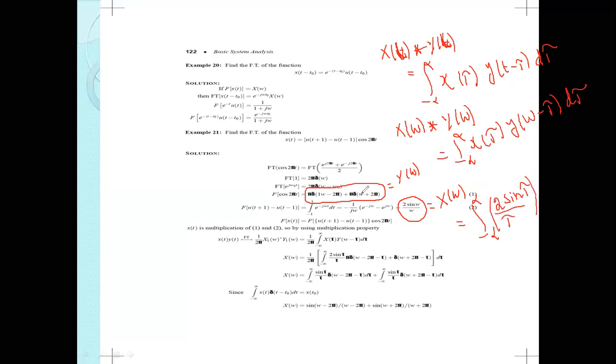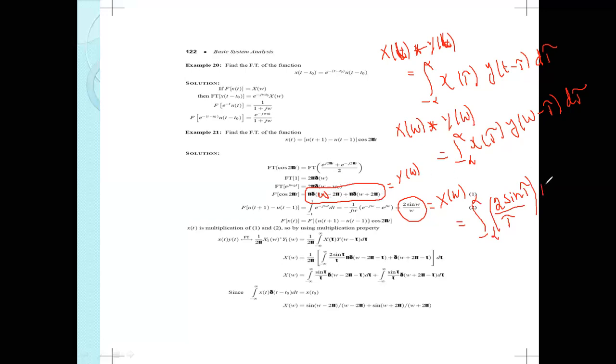And what is the Y of omega here? Pi delta of omega minus 2 pi, it is omega 1, right? Omega minus 2 pi plus pi delta of omega plus 2 pi. So instead of omega here, omega minus tau. Replace omega as omega minus tau.